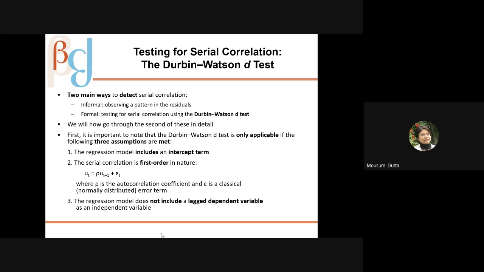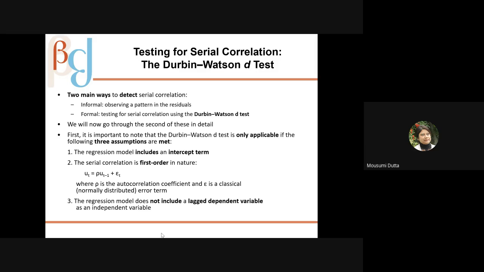Now, if I write the model as ut is equal to rho ut minus 1 plus epsilon t, this itself looks like a regression model, and epsilon t is a classical error. So one can consider this as an ordinary least squares model and apply the OLS technique to estimate rho hat.